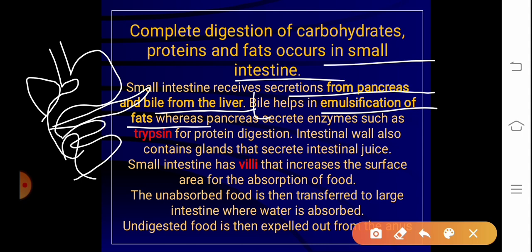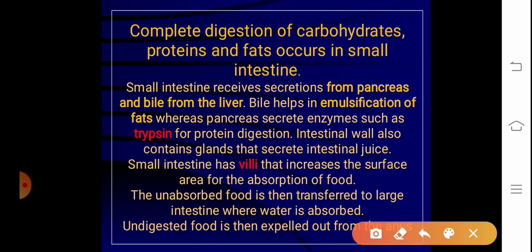Whereas the pancreas also secretes pancreatic enzymes. There are actually 3 pancreatic enzymes, which I told you in my previous class. Do you remember which 3 enzymes are released by the pancreas? The first one is trypsin. What are the other 2?